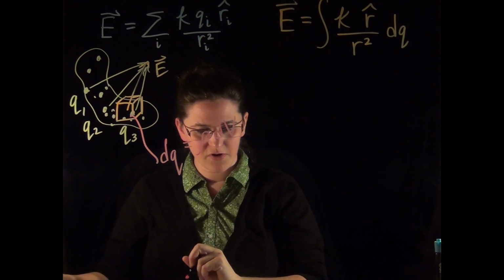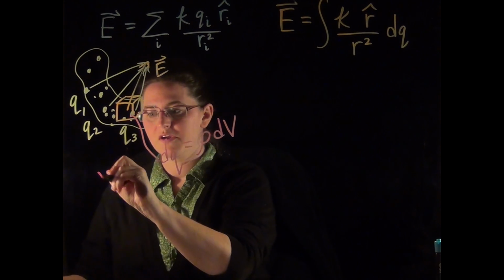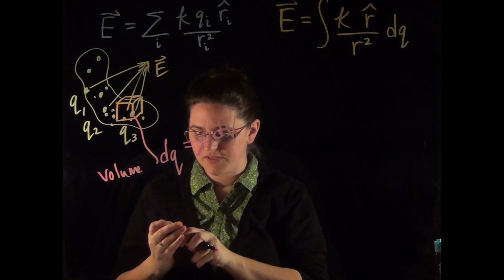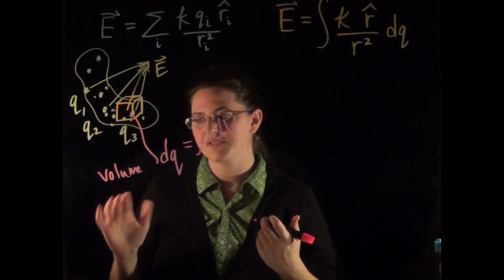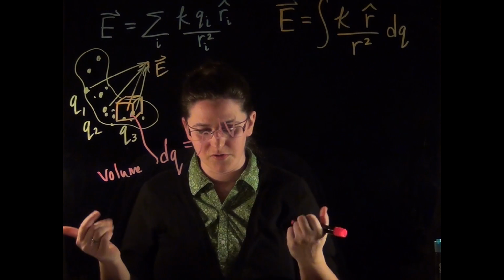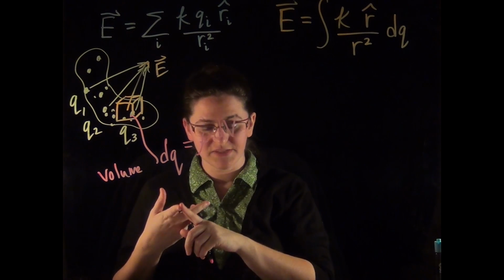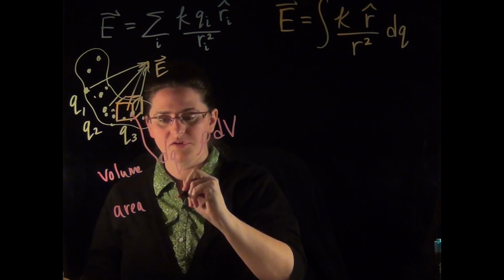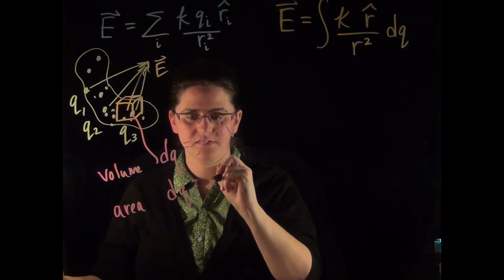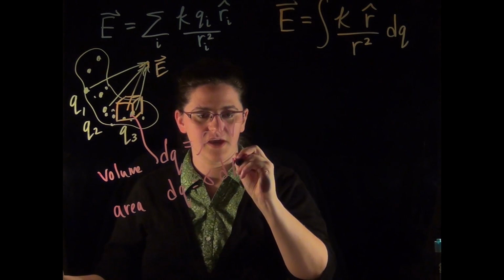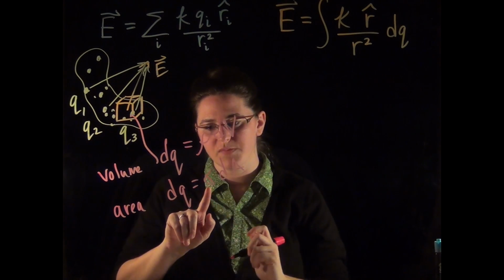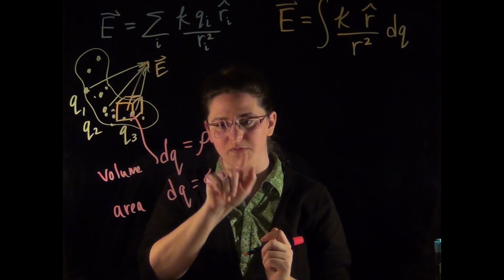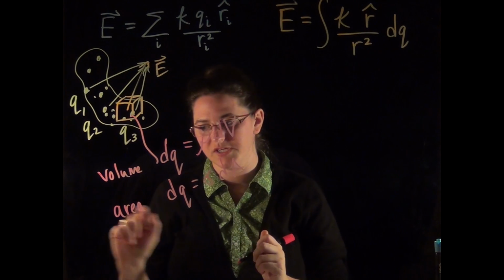If instead you're trying to find the electric field due to something with surface area and not volume, let's say you're doing a flat plate or a disc, then your dq is going to look something like sigma dA. In this case, sigma is charge per area times dA, and that's going to be equal to dq.